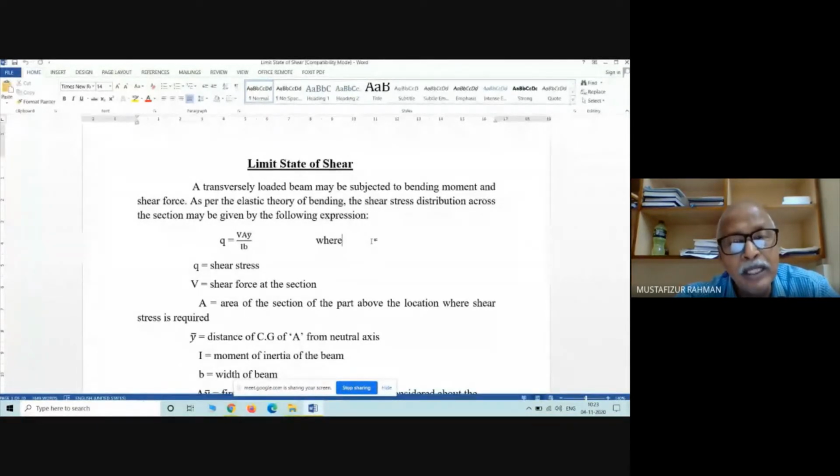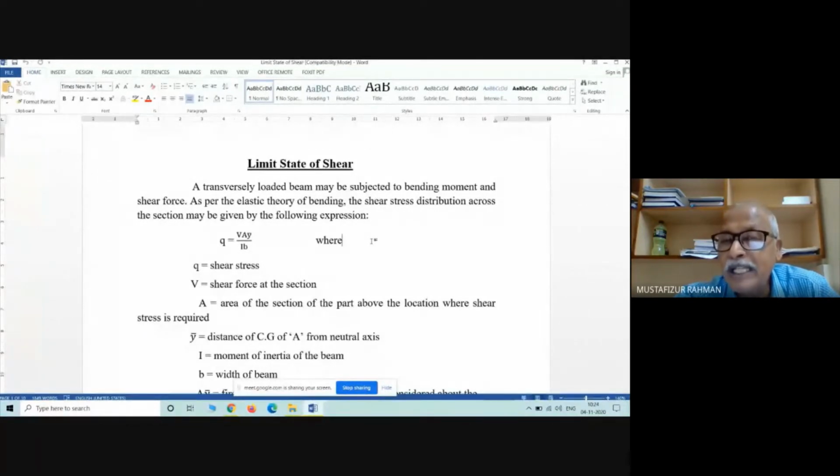Now, after structural analysis, we have to enter into structural design. When we are going for structural design, we require the worst effect or worst affected location. If a beam is simply supported, the maximum shear force is acting near the support. I think all of you know the expression.